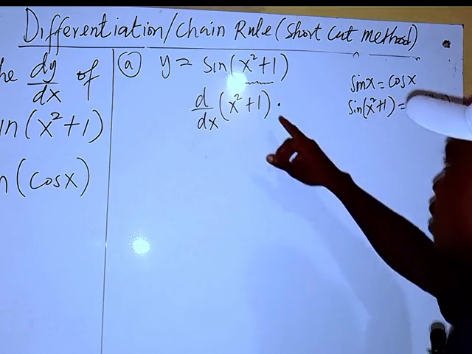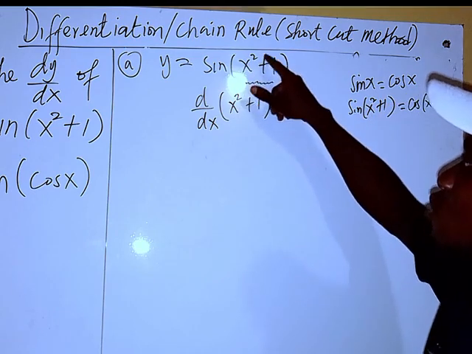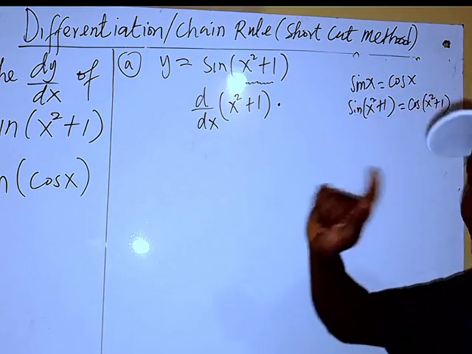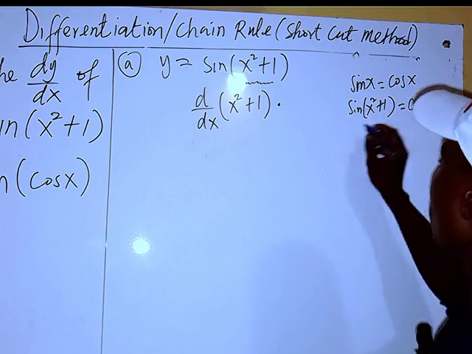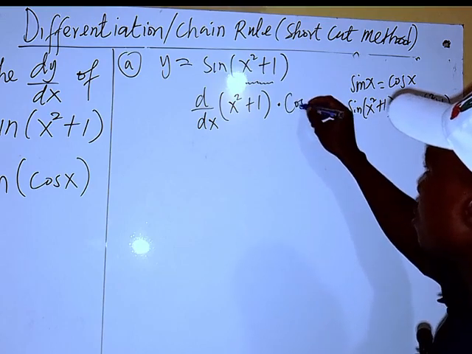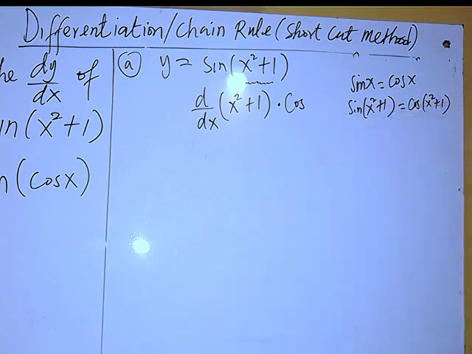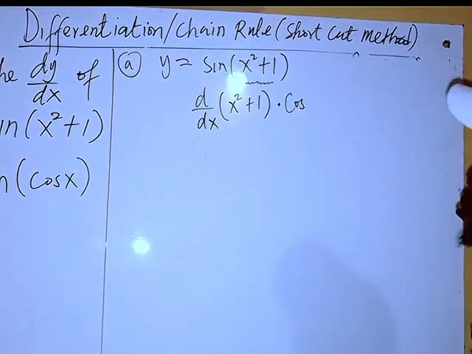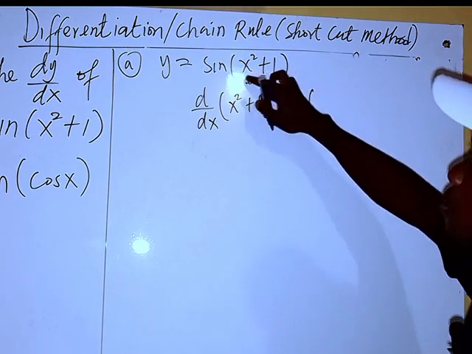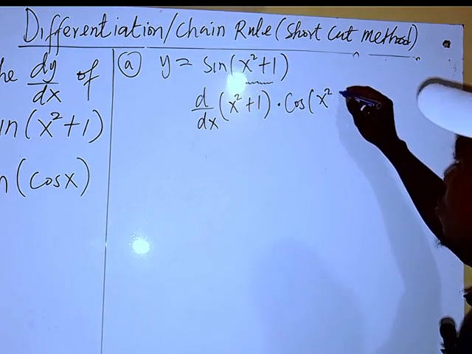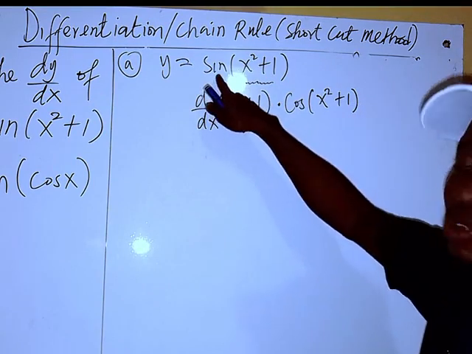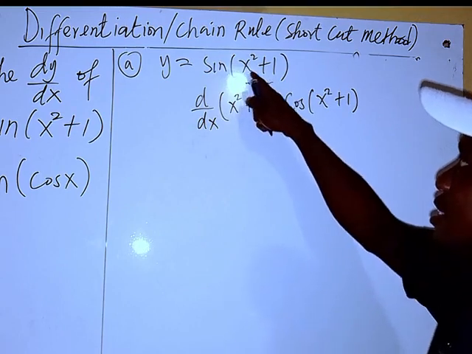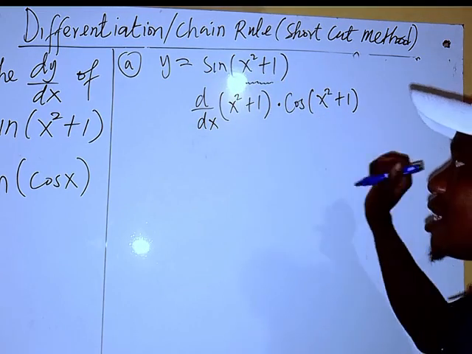Therefore, you take x squared plus 1 as if it is just a variable x. So when you differentiate sine, you know it gives cos, then you repeat the same thing inside, x squared plus 1, and that's all.